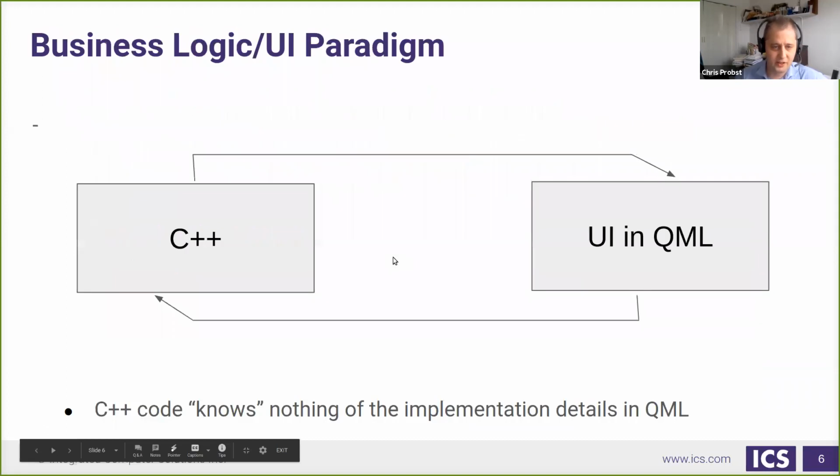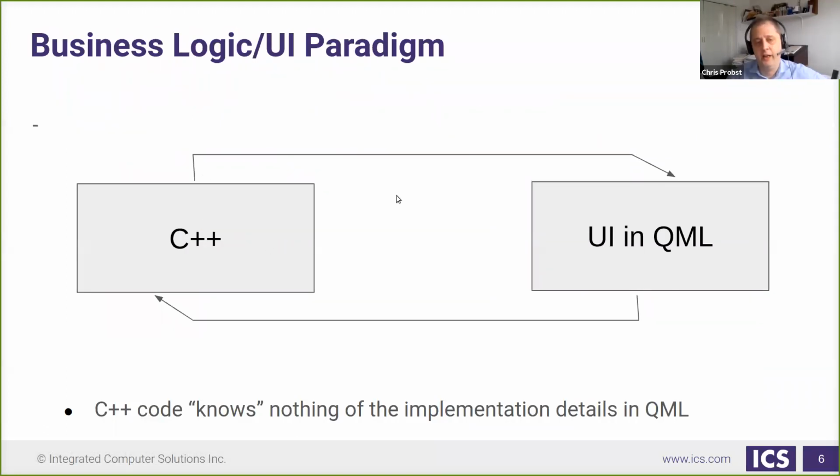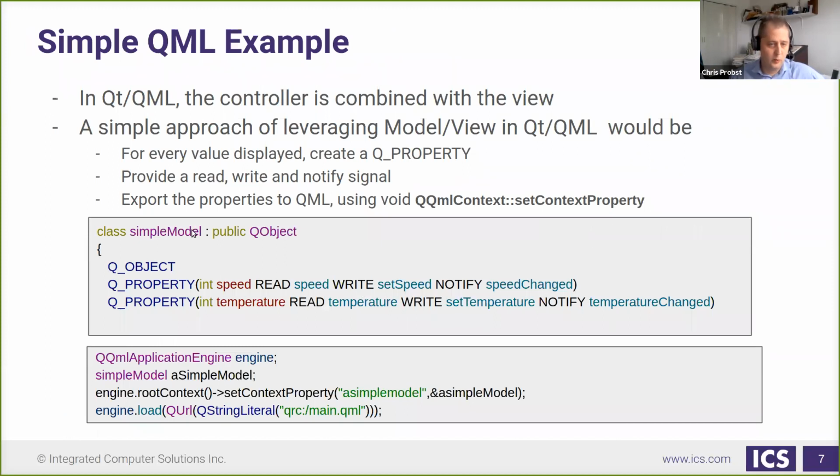So if we go back to our paradigm where the C++ emits the state of the data, if you will, one can say that the C++ emits the notify signal, and the UI, under the hood, will call the read and write functions, right?